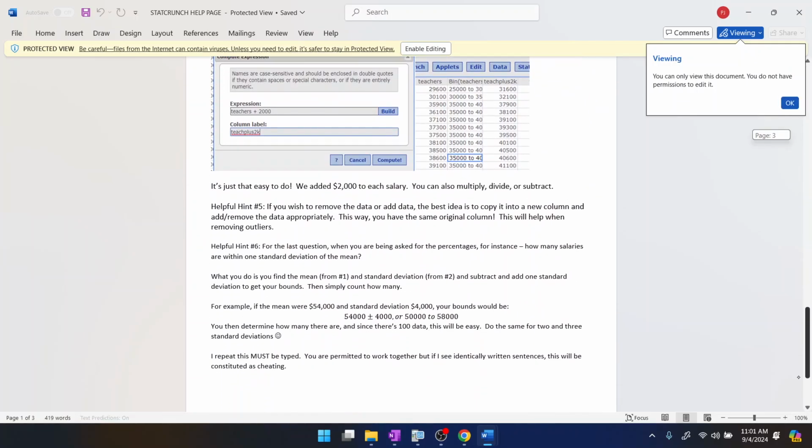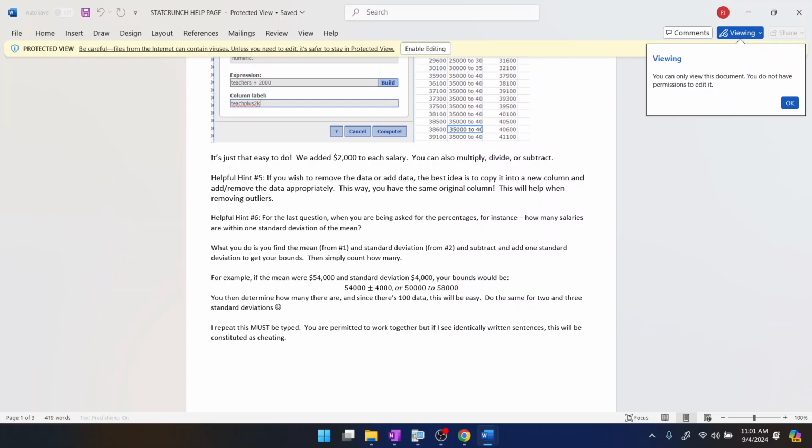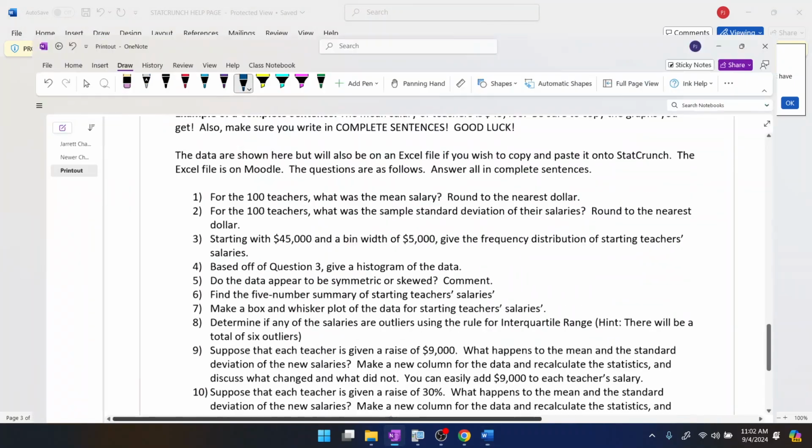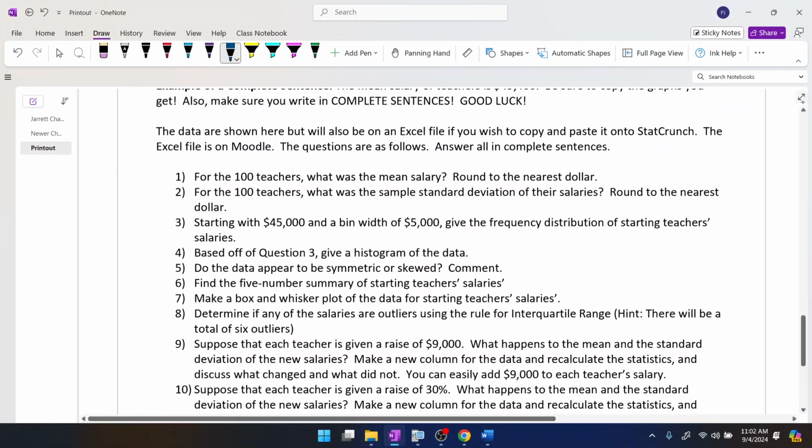If you look at the end, the last helpful hint, you are going to be asked for the percentages. So this explains it, but I'm going to give you a hypothetical example here. Again, these examples are purely hypothetical. I'm not going to give you the actual mean and standard deviation.